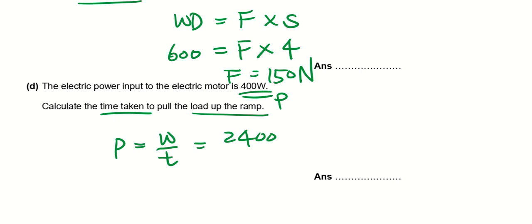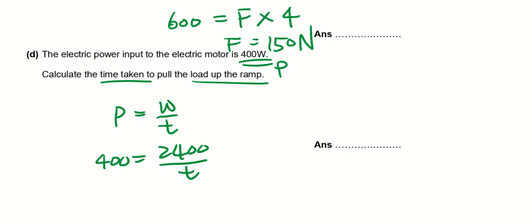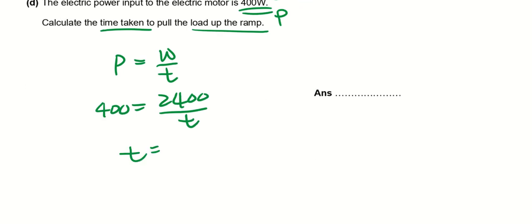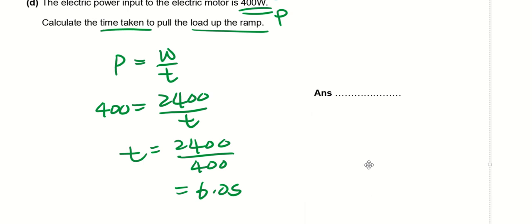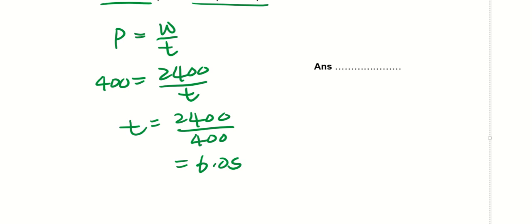Okay, and the power is 400, so 400 equals 2,400 over T, and then this T will be 2,400 over 400, so equals 6 seconds. Okay, so this is the answer, the time taken to pull the load up the slope.